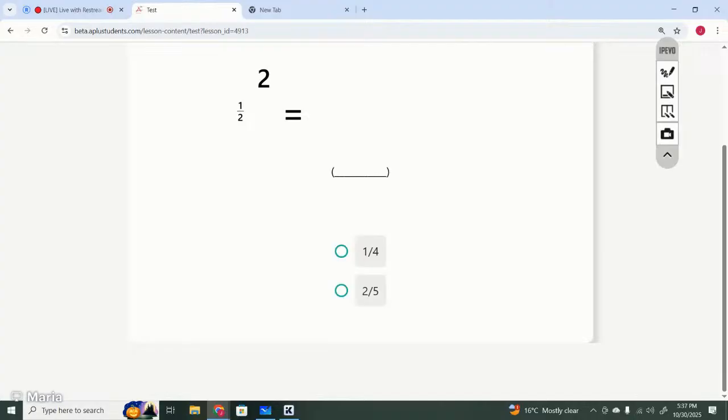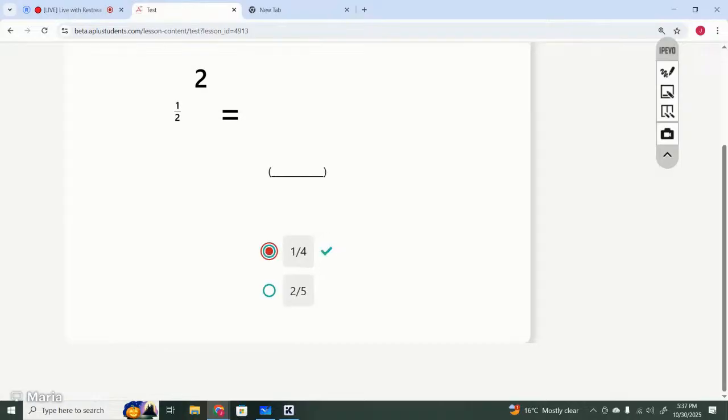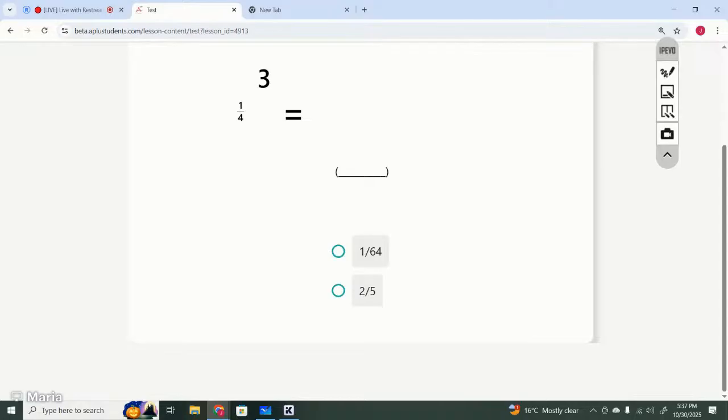So which is the correct option? That is 1 by 4. Option number 1 is the correct option.